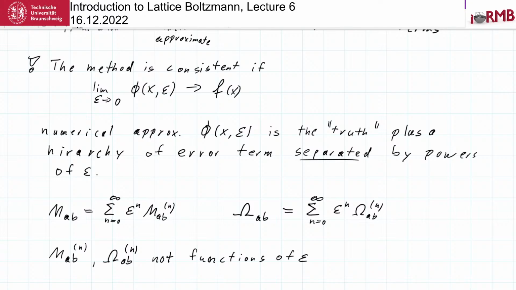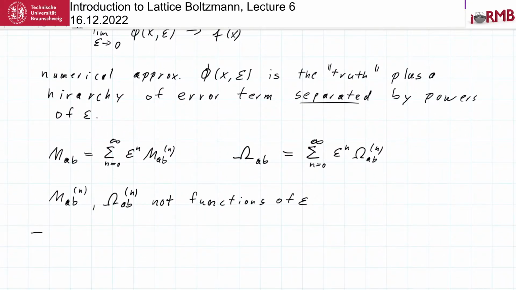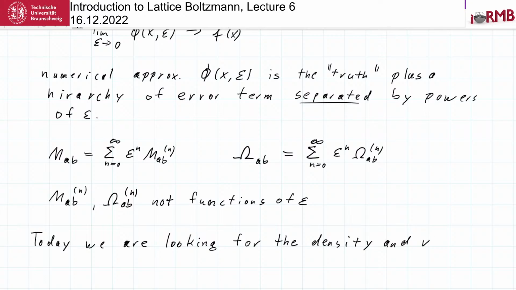Okay, so this was very general. What we do today is to look at the Lattice Boltzmann methods. And we are looking for the solution of the velocity field and the density field. So we make a little bit of use of the fact that we already know that we want to solve the Navier-Stokes equation, and we already know the variables that are solved in the Navier-Stokes equation.